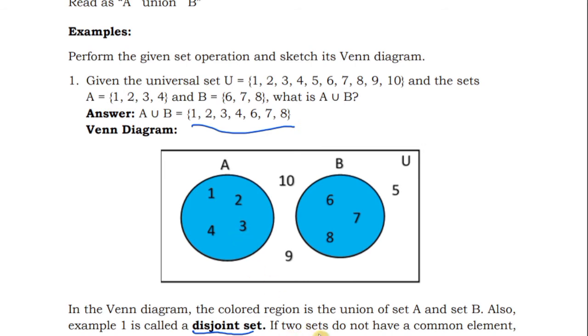So if two sets do not have any common elements, as you can see in this given Venn diagram, we don't have any common elements. Therefore A and B are disjoint sets.